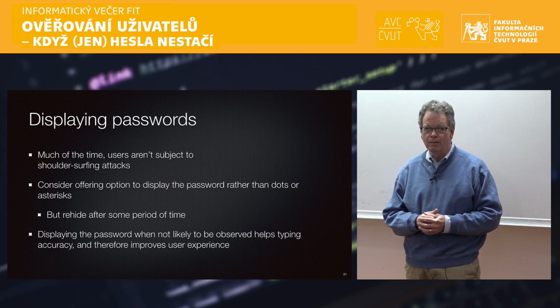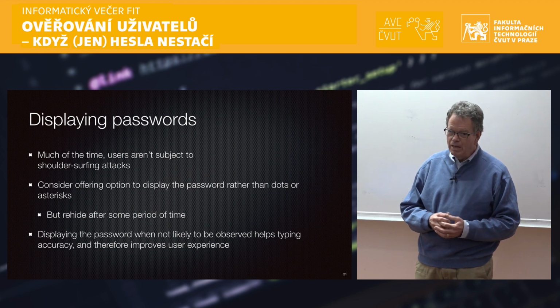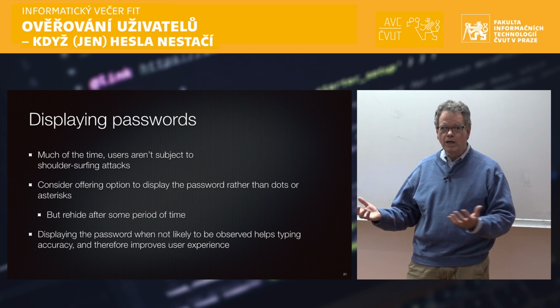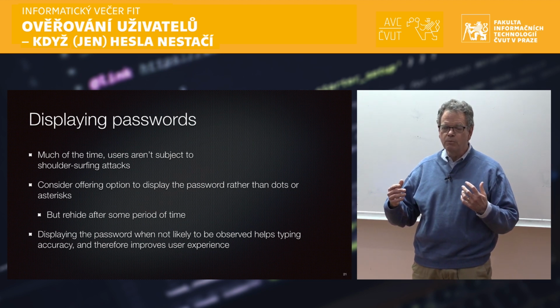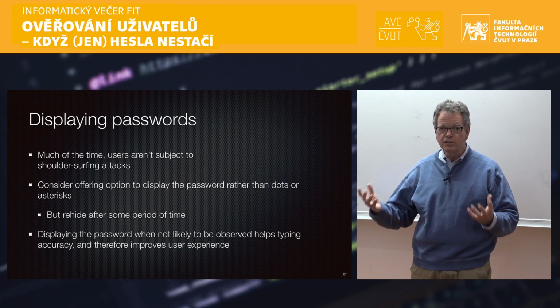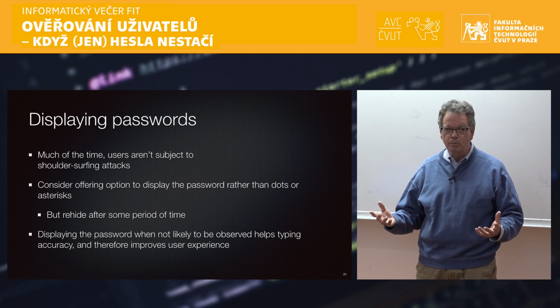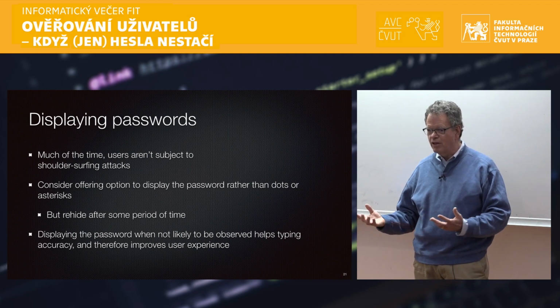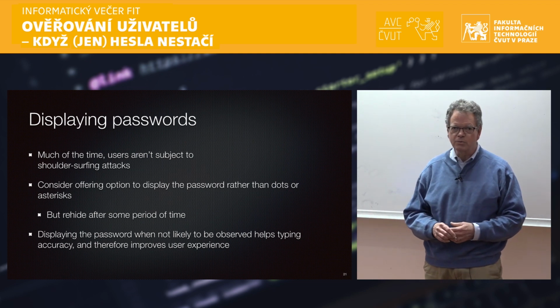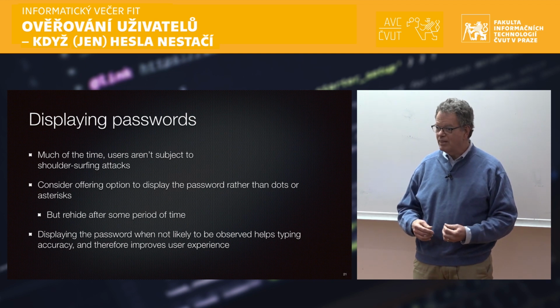Not that often, perhaps. So maybe you should have some way to allow the user to display their password. Remember that there are people that have physical disabilities that may have trouble typing their passwords reliably. Or maybe somebody's in a moving vehicle and has trouble typing their password. Or something like that. Or they live in an earthquake zone.